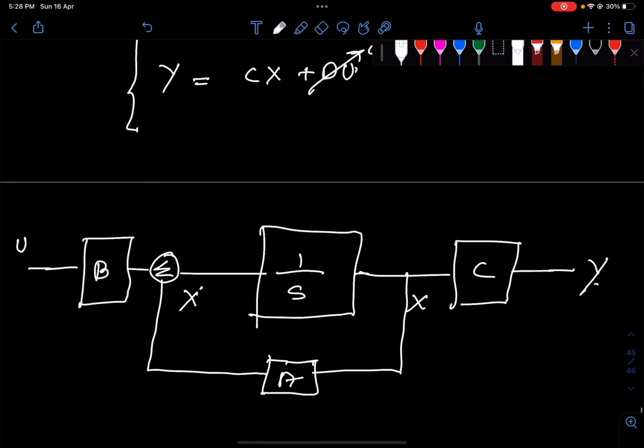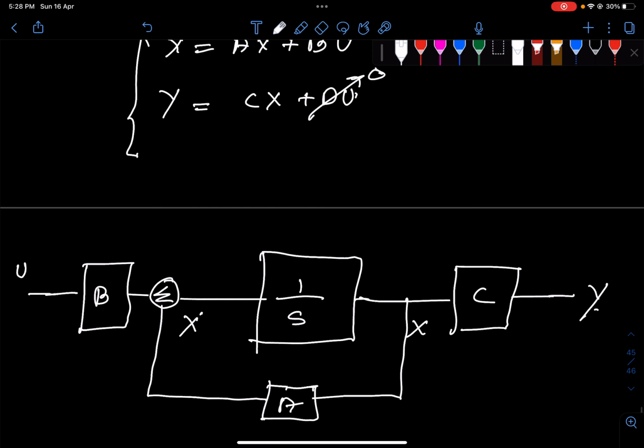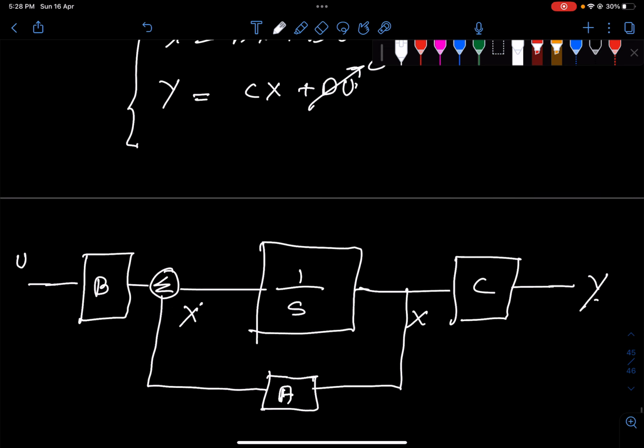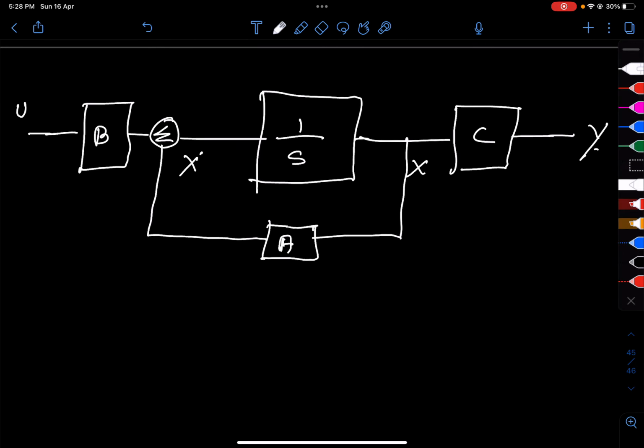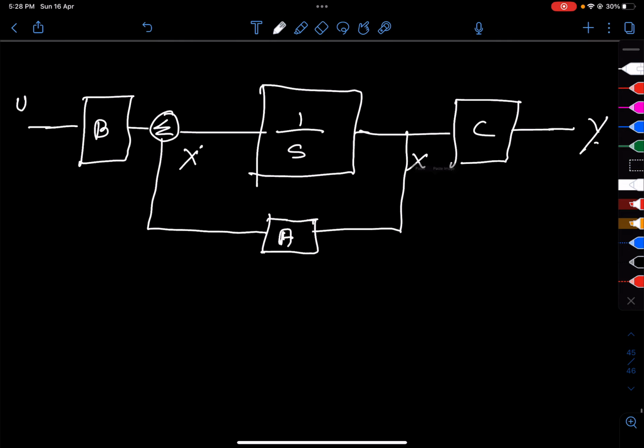So x dot is equal to A times x plus B times u, and y is equal to C times x. So this is our block diagram corresponding to state space.